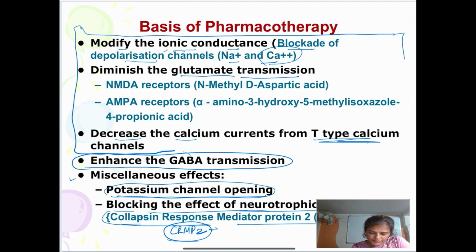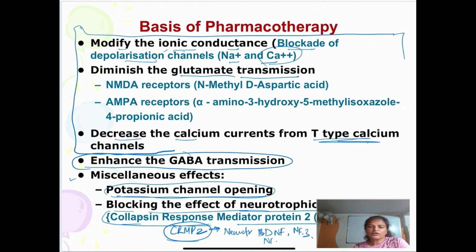Usually this protein acts on neurotrophic factors like brain derived neurotrophic factor and neurotrophin factor 3.